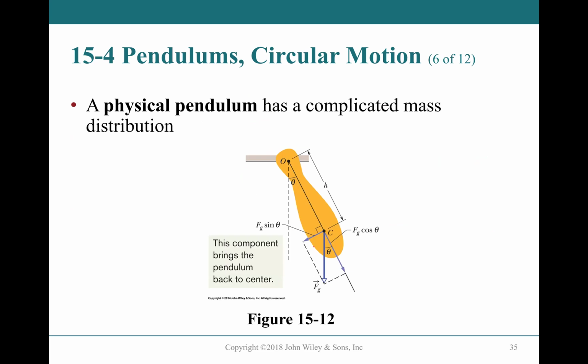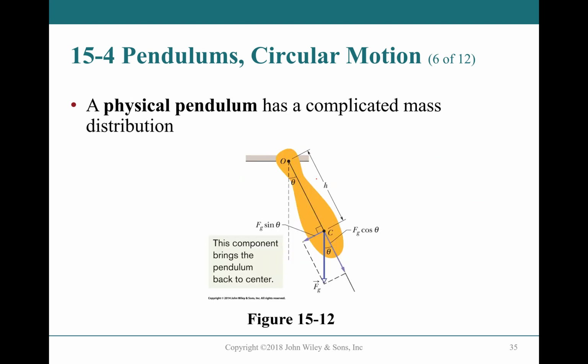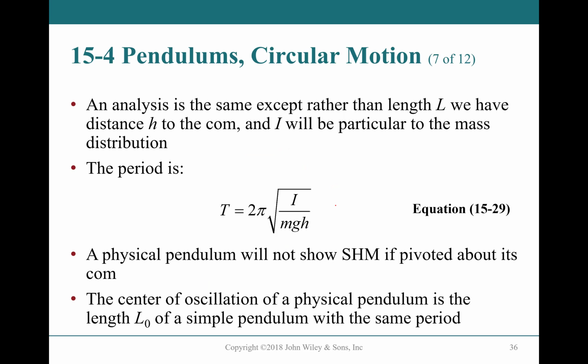And a physical pendulum is the same. You are going to use omega equals square root of mgL over I. So what is L? This is your L, okay? And what is your I? I is the moment of inertia.